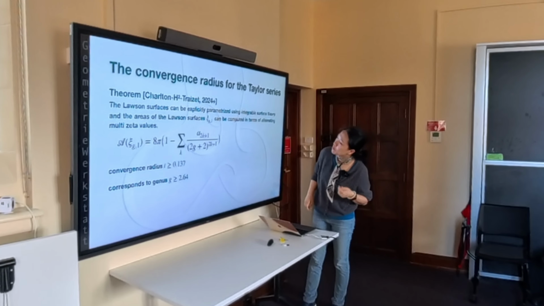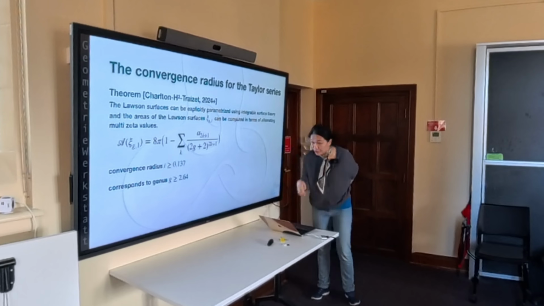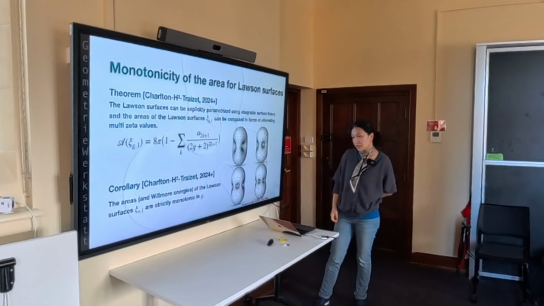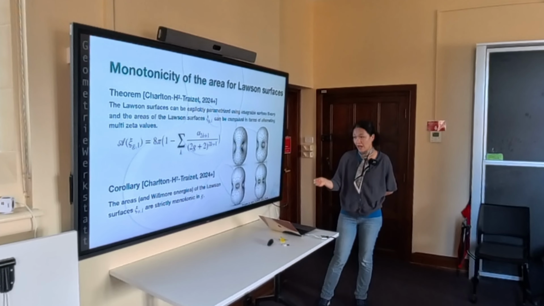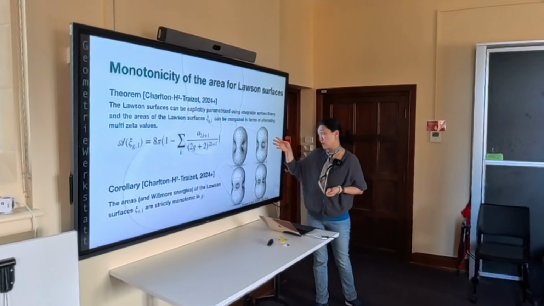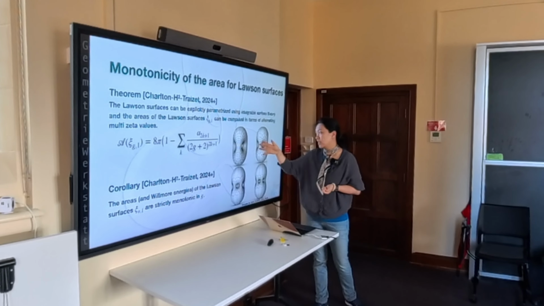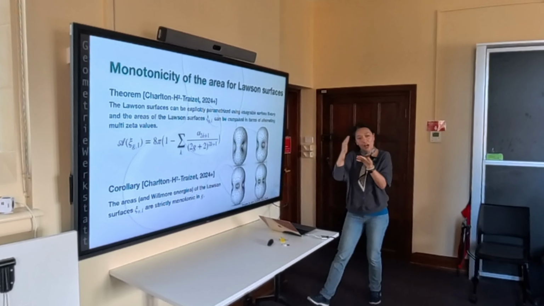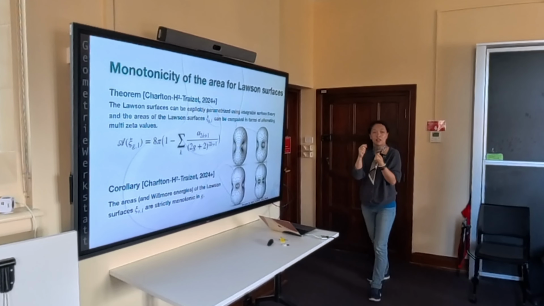It's very important that it's 2.64, by the way, because we can show that the Willmore energies or the areas of these minimal surfaces are actually monotonically increasing in G for all G, because we have covered everything up to 3.